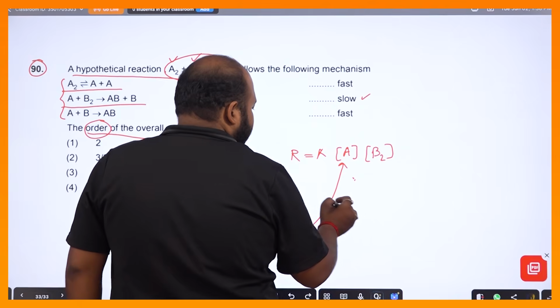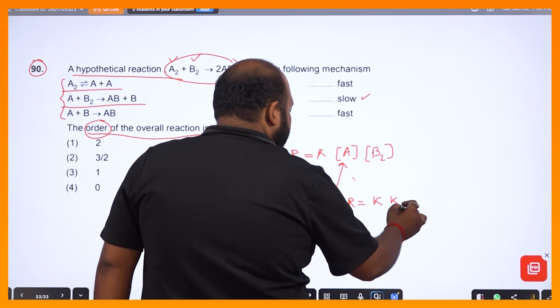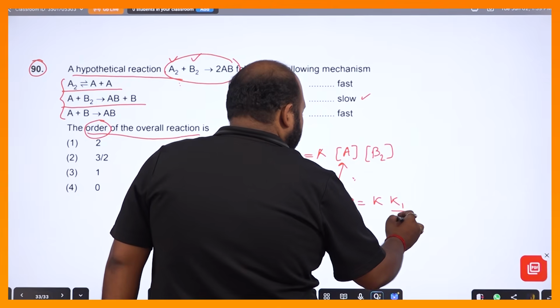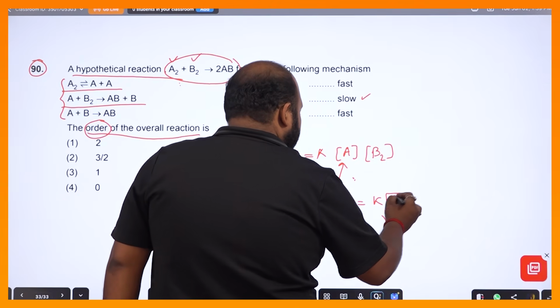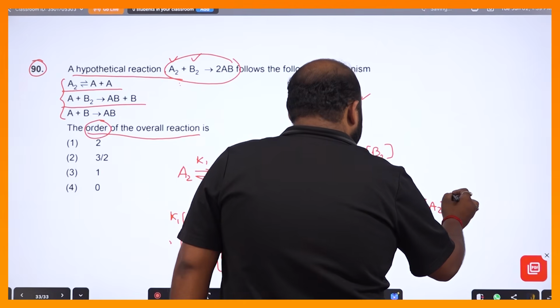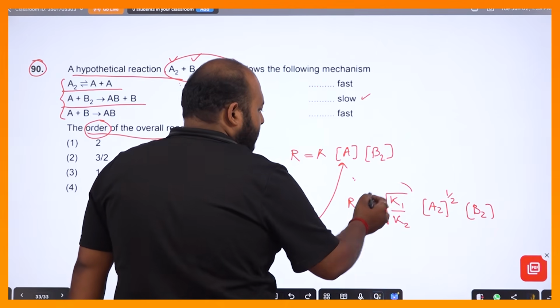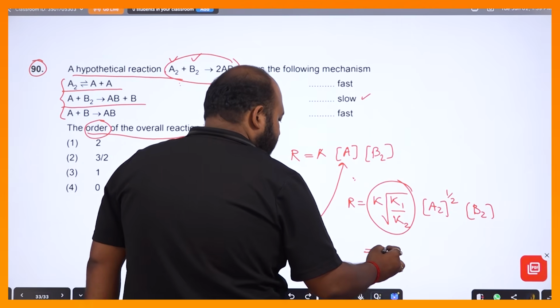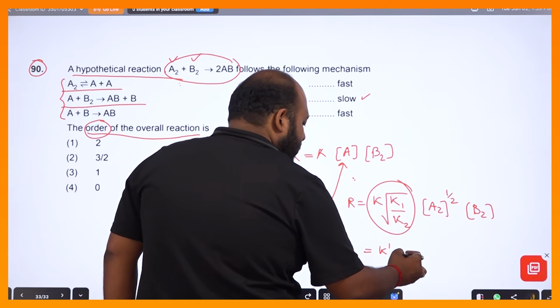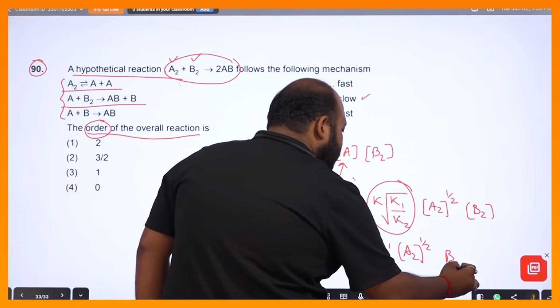If we put this value and substitute the intermediate, we will get an equation R equals K, K1 by K2, A2 to the power half and B2. If I consider the entire constants as K dash, R equals K dash A2 to the power half and B2.